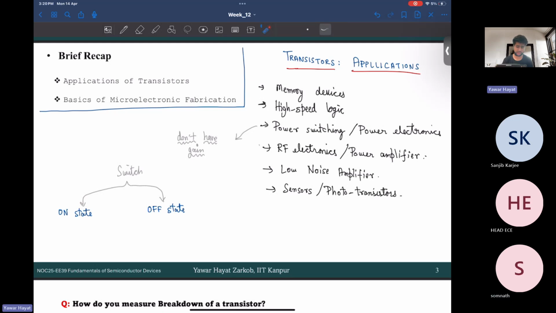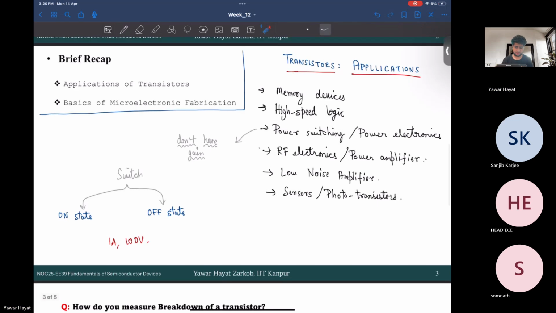And in off state, it blocks a large voltage. This high current and high blocking voltage capability are ideal characteristics for a switch. For example, if the switch is rated 1 ampere, 100 volts, it has an on-state current carrying capability of 1 ampere, and it can block at most 100 volts in off state.